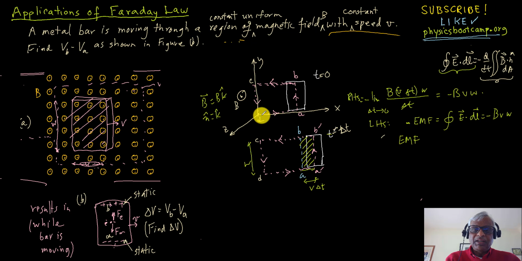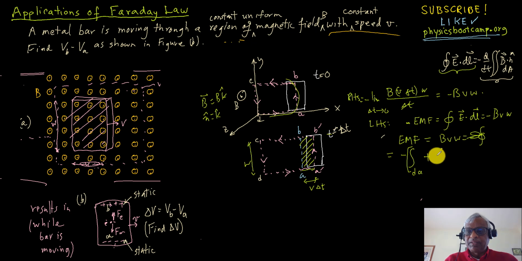So this integral around this loop is the EMF, equal to BVW, which is equal to minus the integral from d to a, plus the integral from a to b, plus the integral from b to c, plus the integral from c back to d of E dot dl. So this is the integral I need to do.